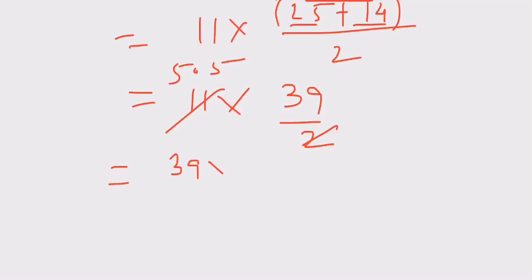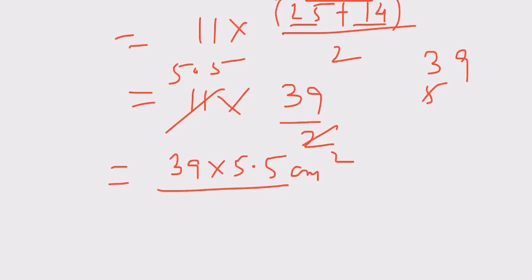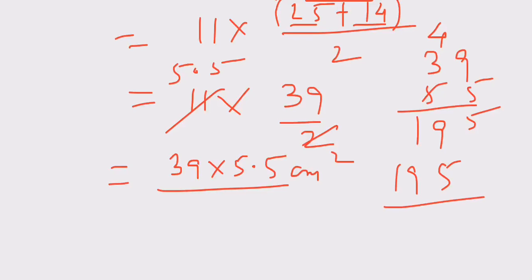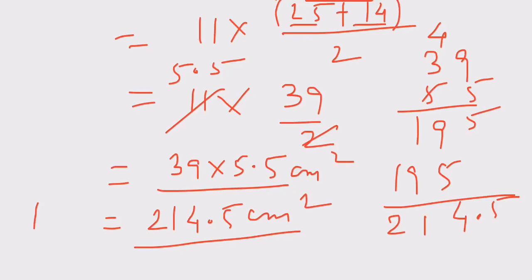So 39 into 5.5 is the total surface area. You will have to of course multiply these two numbers. When you multiply you will get 214.5 centimeter square is the total surface area of the toy.